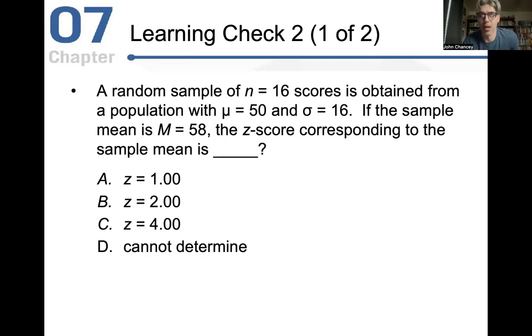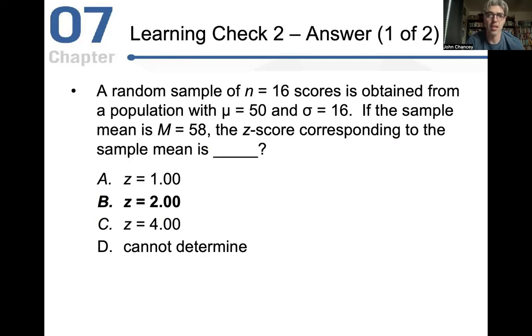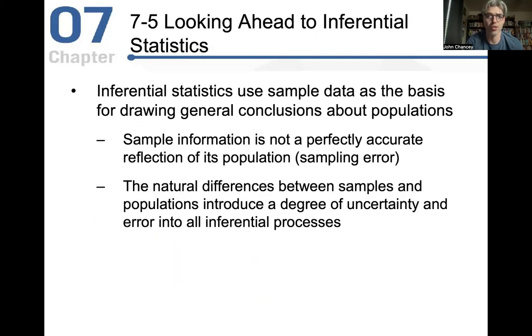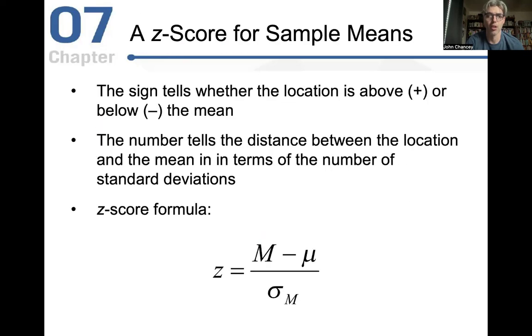Okay, so hopefully you paused it, you worked it out, and hopefully you got B. If we go back to our equation, our sample mean is 58. We're going to subtract our population mean of 50, so we'll have 8 in the numerator.